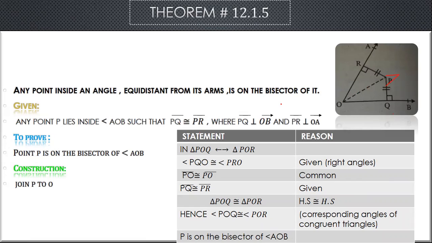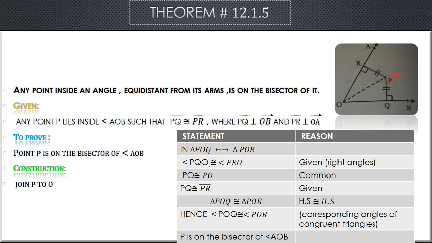Now in this theorem, join P to O. In the previous theorem, it was already given that the bisector of AOB was OM. Now there is no bisector of the angle. They only mentioned that we join P with O. Triangle POQ and POR correspond to each other.